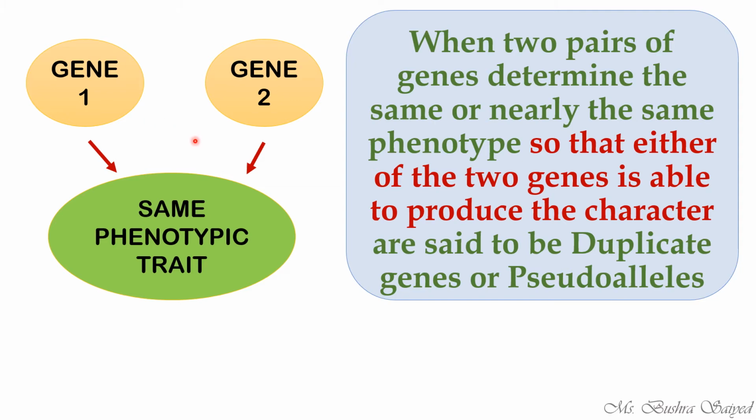It is independent of whether these two genes are present or not. Even if one single dominant gene out of the two is present, it will show this particular phenotype, the same phenotype.